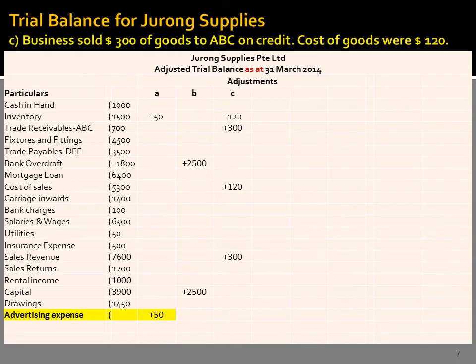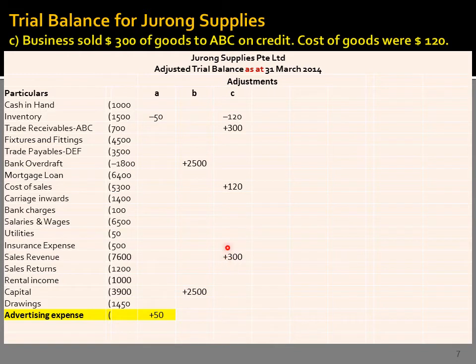You will note that I have left some space between the original unadjusted figure and the adjustment. In your work, you do not need to leave this amount of space.